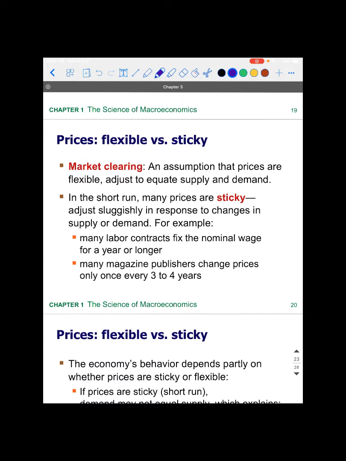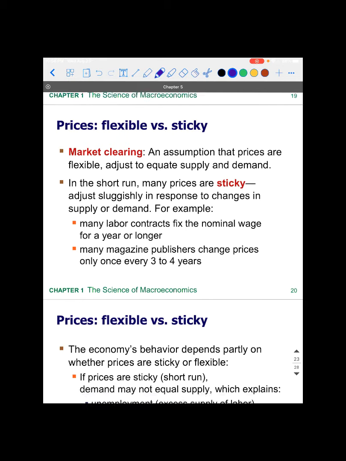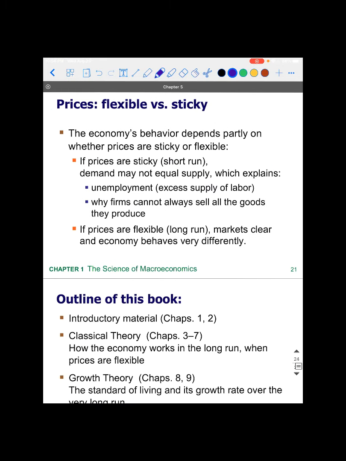Most economists believe that prices are sticky, that they do move a little bit sluggishly. To the extent that that's the case, that determines a lot of other things, like unemployment.